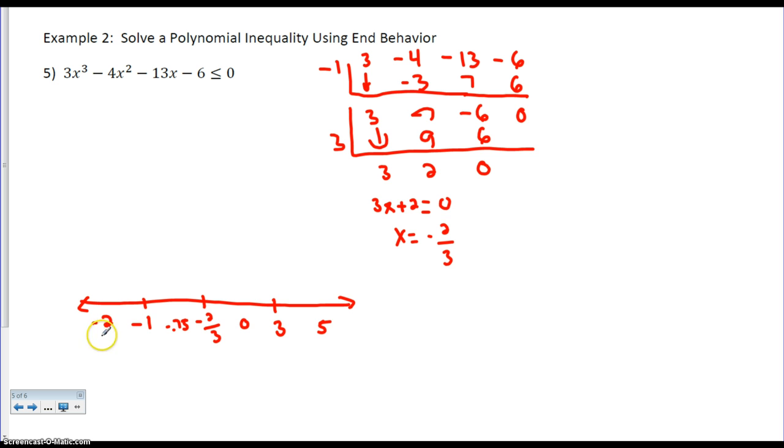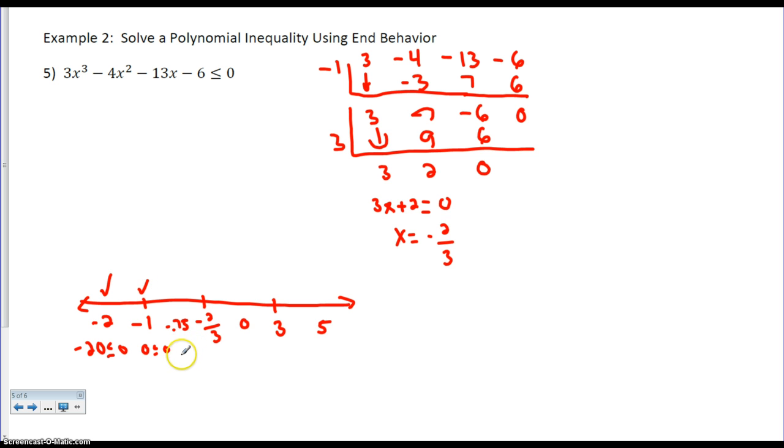So what I'm doing with each of these values is plugging it into this inequality up here. Okay? So when I plug in -2 into this equation, I get -20. Is -20 less than or equal to 0? Yes, that is a solution. Now I look at -1. When I plug -1 in, I got 0. 0 is less than or equal to 0, so that is a solution.